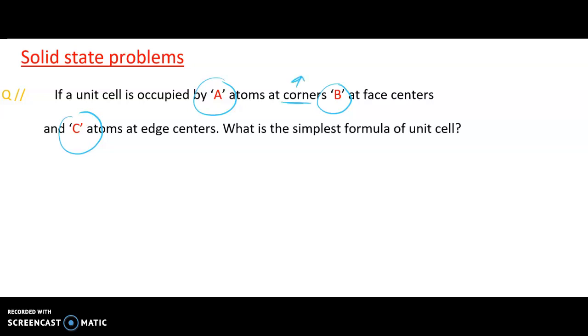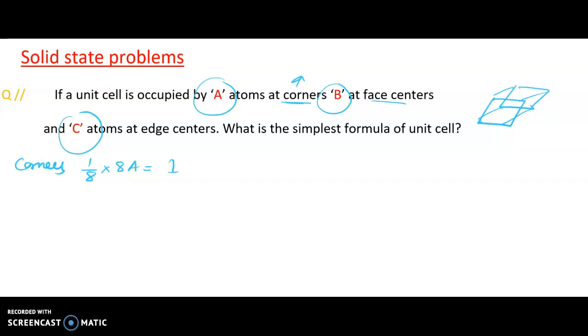We know the corner contribution is 1 by 8, and a cube has 8 corners, so 1 by 8 is the contribution of one corner and 8 corners are there. So 8A into 1 by 8 gives 1.